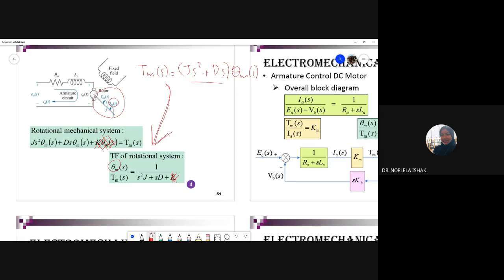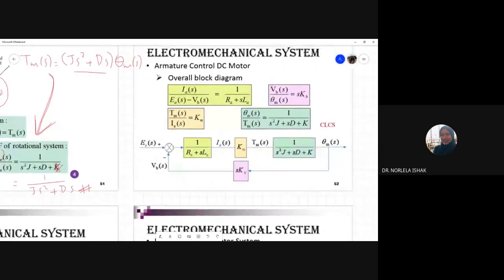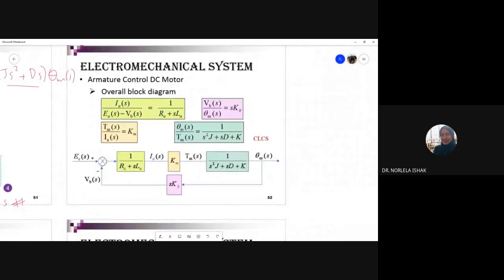We write the transfer function of the rotational system, so we get theta or displacement over torque equal to 1 over Js squared plus Ds. This is equation number 4. So now we have 4 equations.